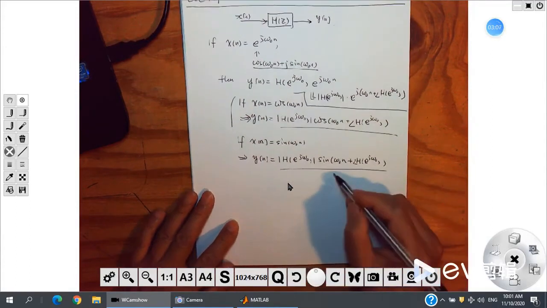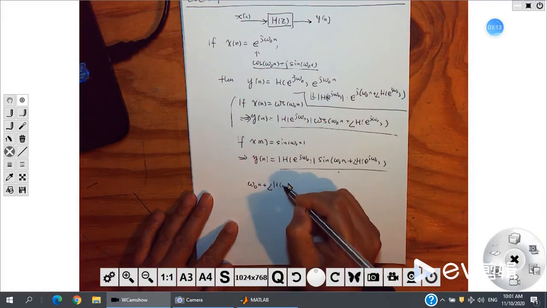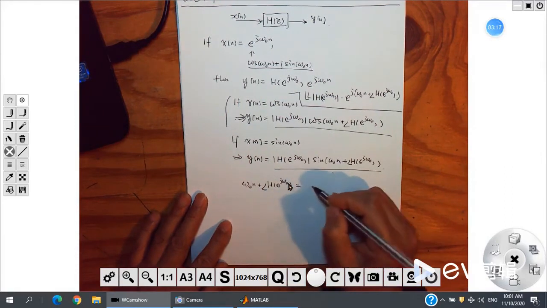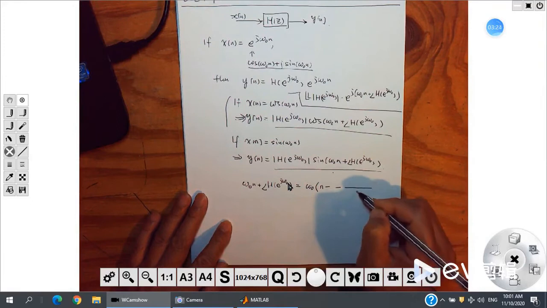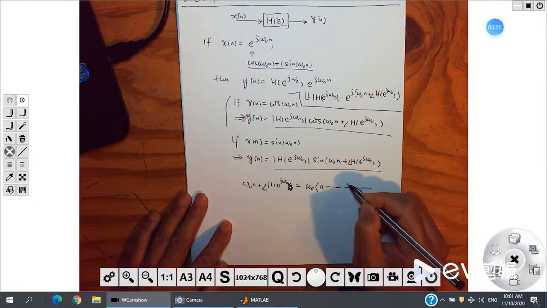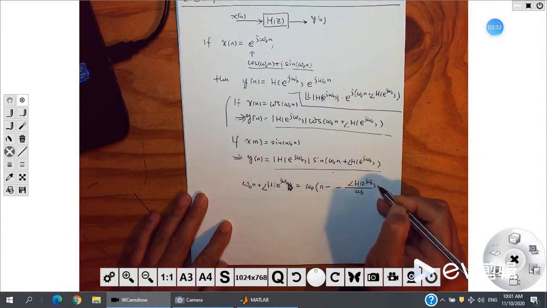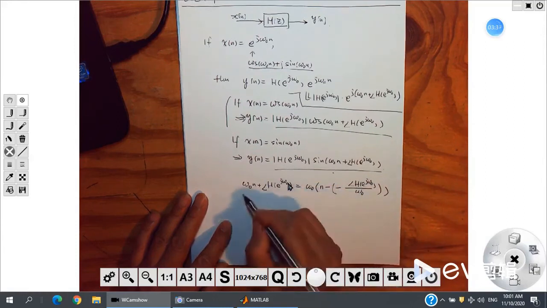And this part, omega 0 n plus the angle of h at e to the j omega 0, we can write as omega 0 times n minus negative angle of h over omega 0. They are the same thing.